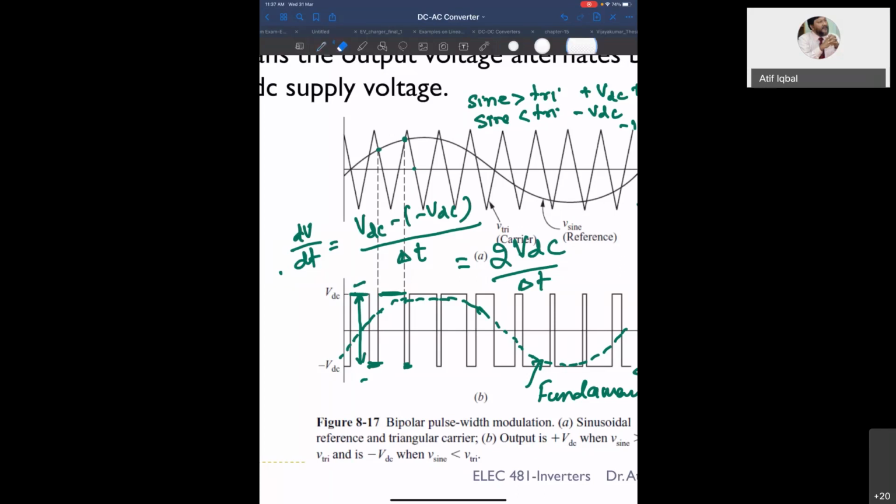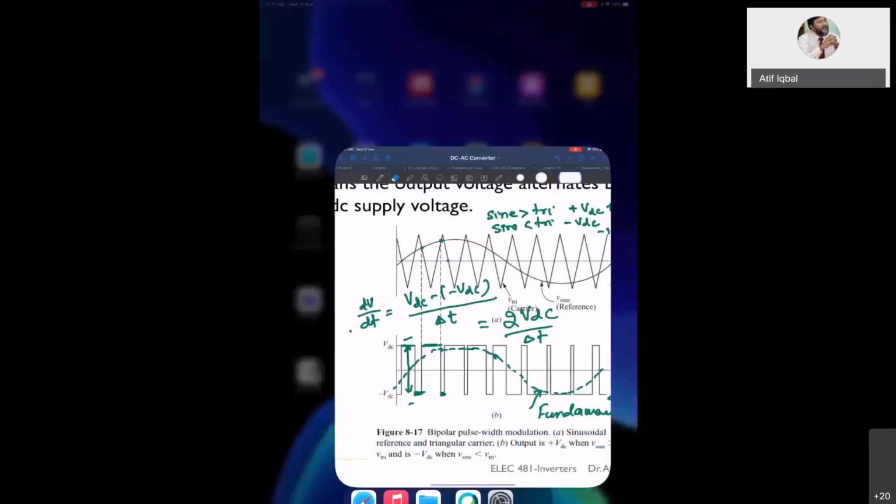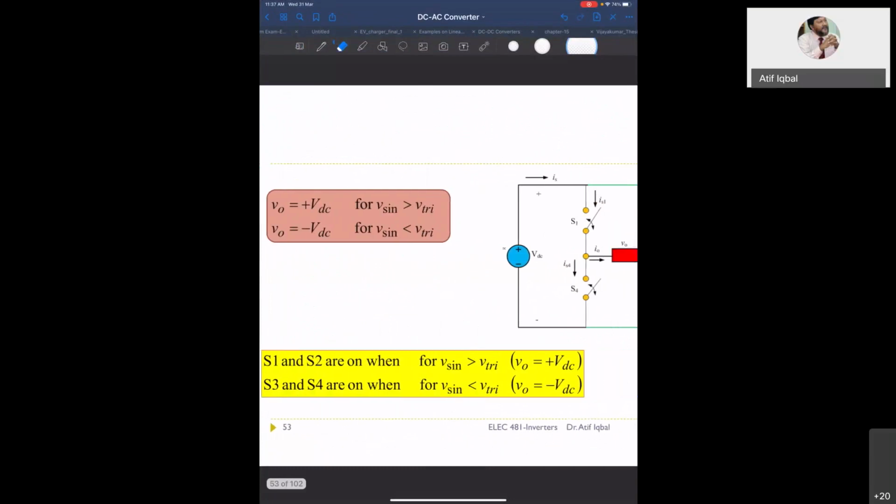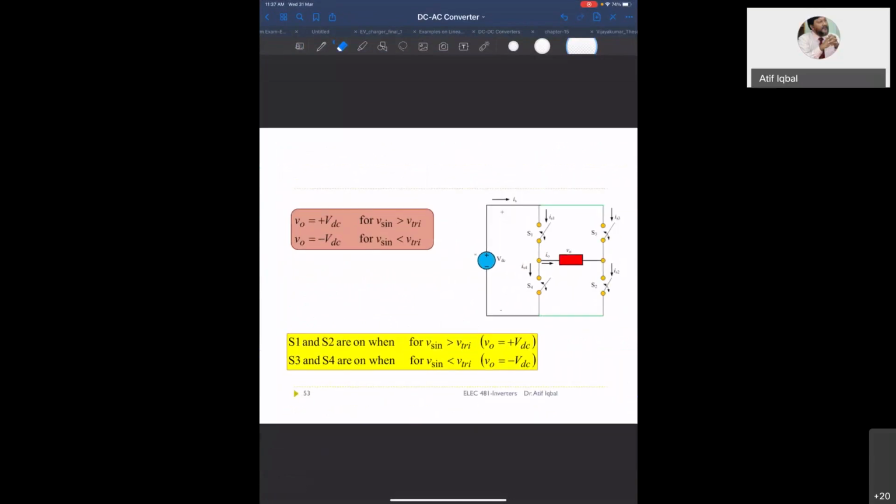This is the problem with the bipolar switching, because you have very high dV by dt, 2 times VDC.